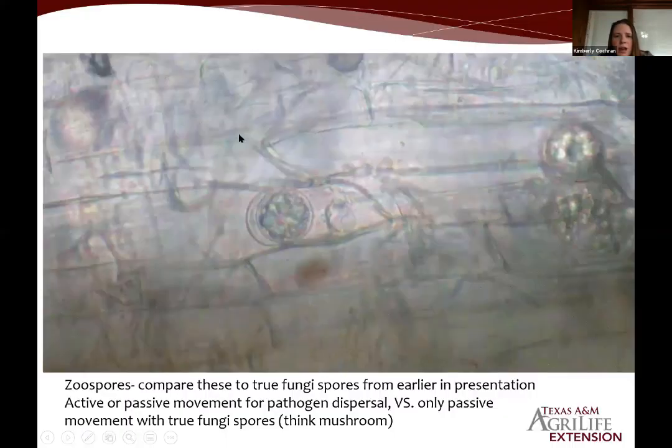So zooming in on that, these rectangular shapes are the plant cells of the root, and then you can see these little balls or Christmas ornaments filled with little globby looking items. So these are actually called zoospores that are inside the oogonia of the reproductive structure. So this is the reproductive structure of Pythium, this little ball right here, and it's filled with zoospores.